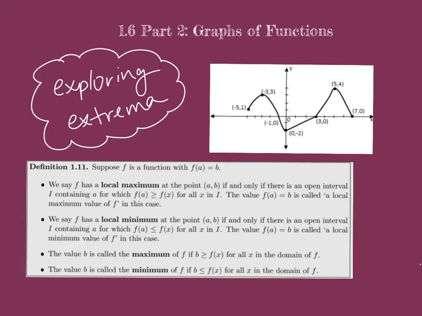All right, here I'd like to explore extrema a little bit more in depth. Remember, extrema are the extremes, minimums and maximums. And this is directly from your book in section 1.6.